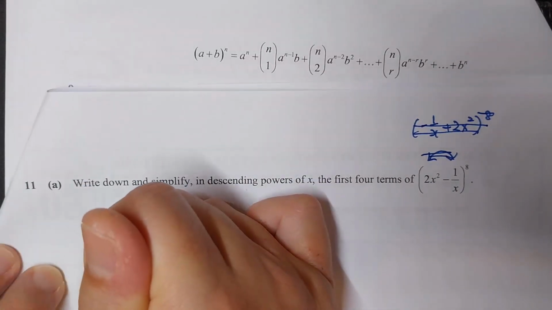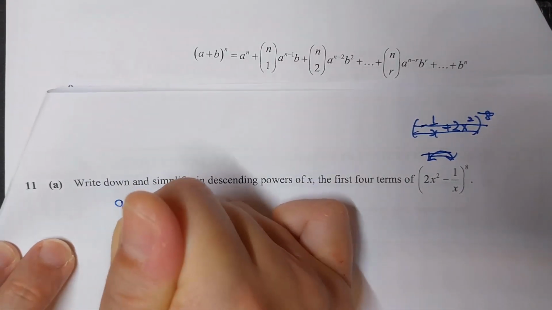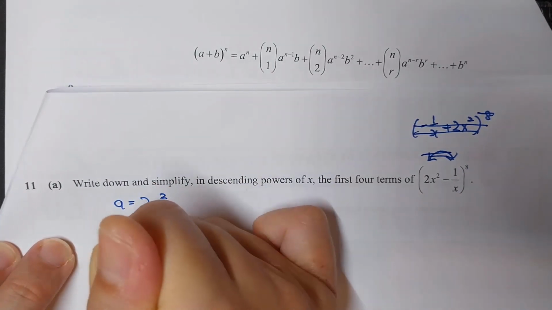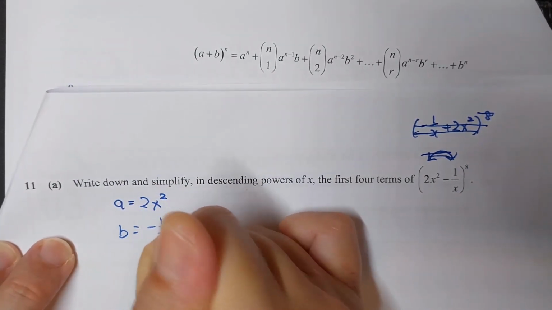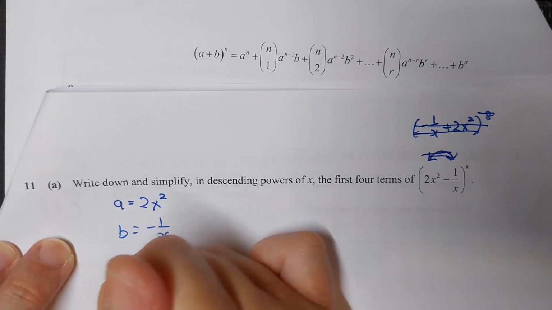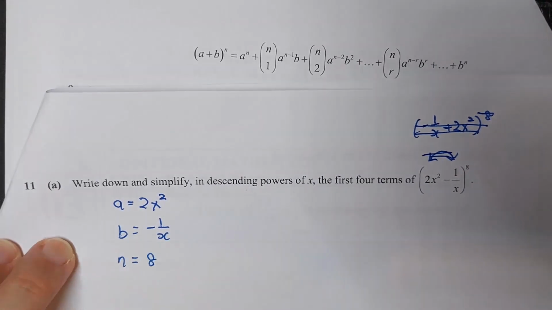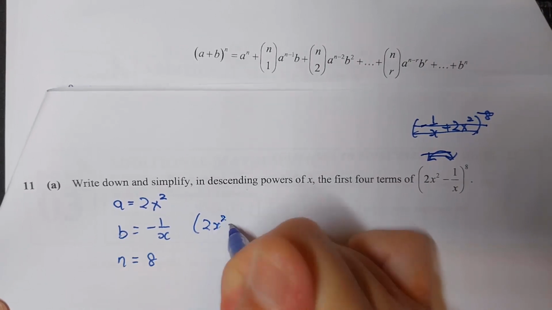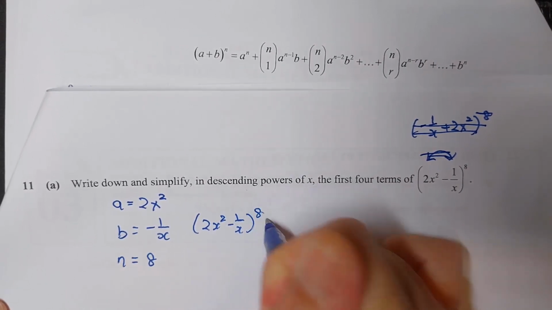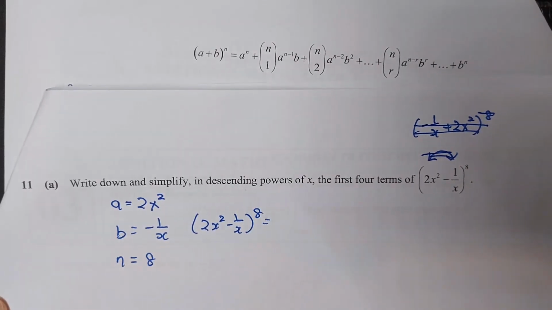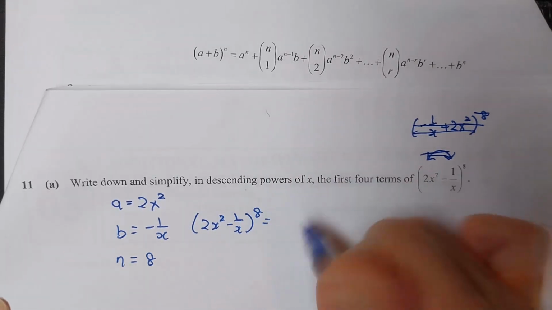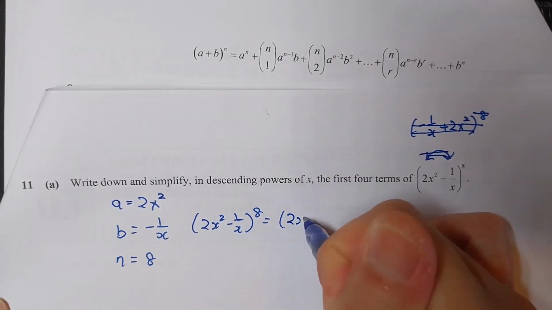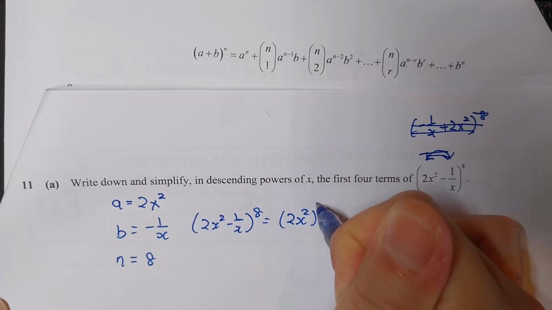So as a habit again, write the value of A, write down the value of B, and write down the value of N. So we will now expand 2x squared minus 1 over x to the power of 8. So we will first have 2x squared to the power of 8.